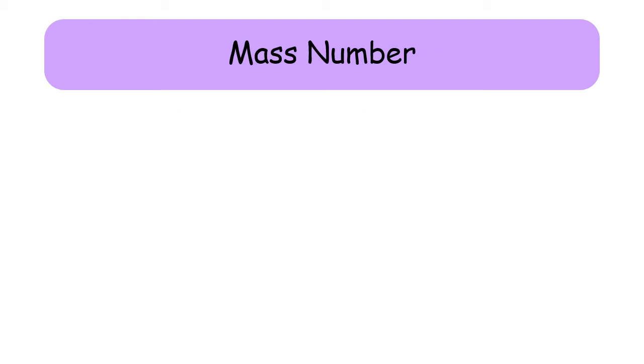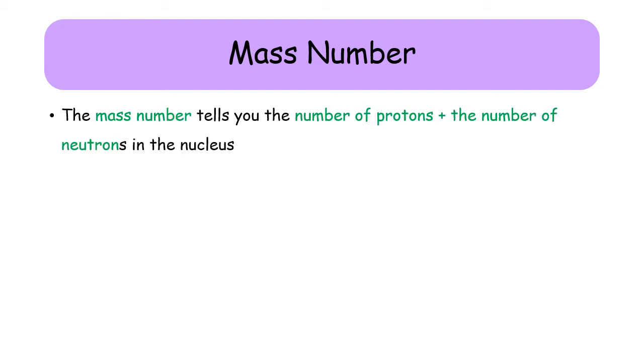So the next number we're going to look at is our mass number, which we will use to help work out the number of neutrons. So the mass number tells you the number of protons plus the number of neutrons. So the mass number is the number of protons and the number of neutrons added together.